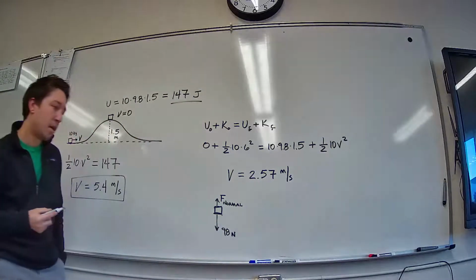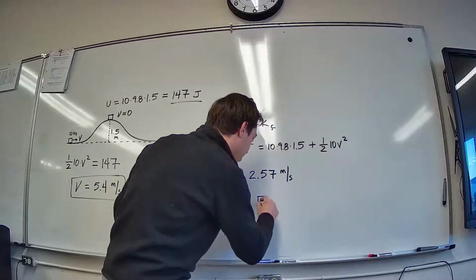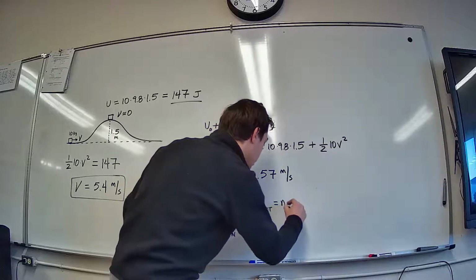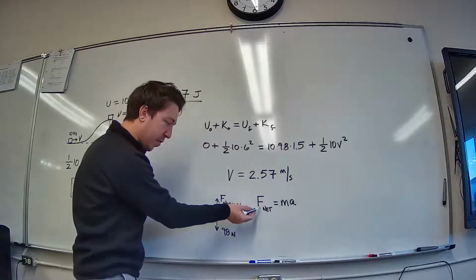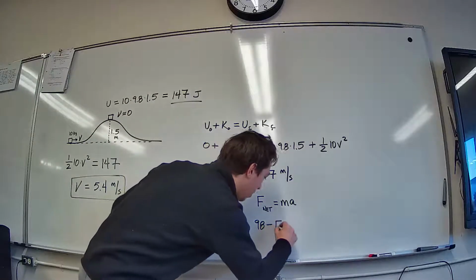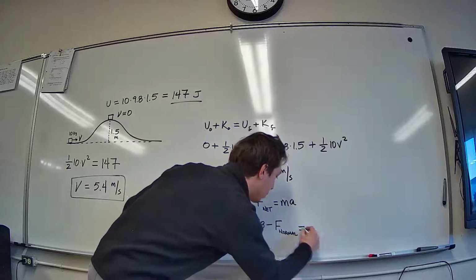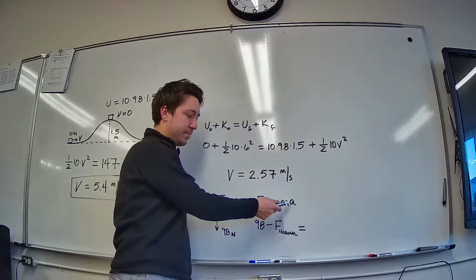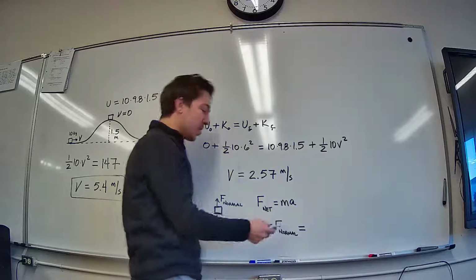And then if I write a really famous equation, F net equals ma, the net force is the 98 minus the normal force. And who remembers this one? What's the a? V squared over r.